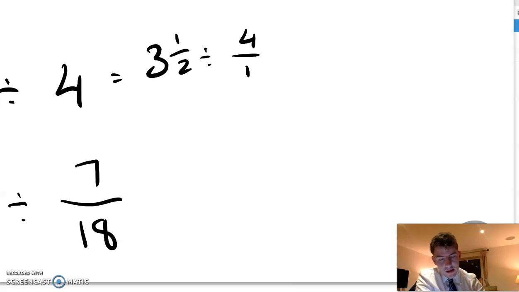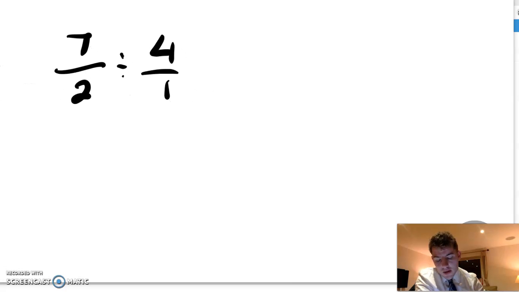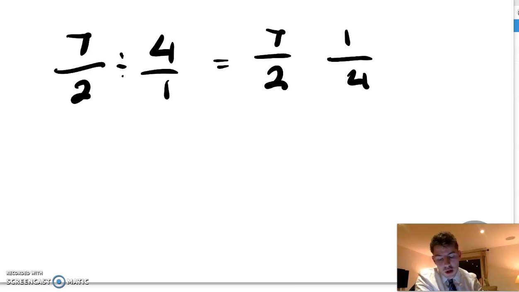I'm going to convert our 3.5 to an improper fraction, 7/2 divided by 4/1. And now, as we know with division, we keep the original one, flip the other one, and change the division to multiplication. And now that just gives us 7/8.